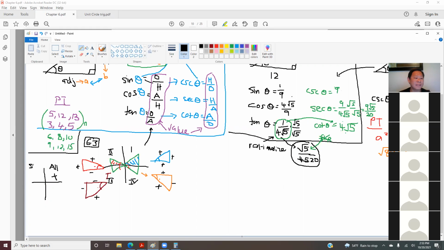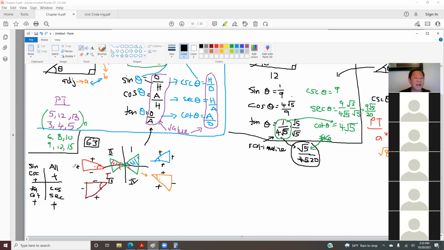So you find out that sine and cosecant values in this case will be positive. Here, when you divide these two, which is opposite and adjacent, tangent. So you find out that your tangent and your cotangent values will be positive. And then for the last one, when you look at adjacent and your hypotenuse, you find out that cosine theta will be positive or secant theta will be positive. And the rest of the trig functions are negative.